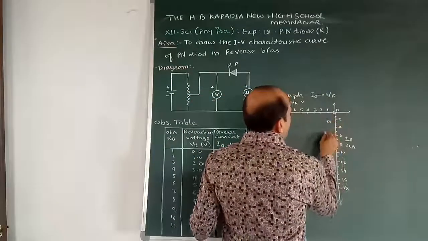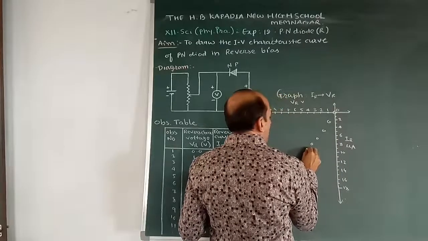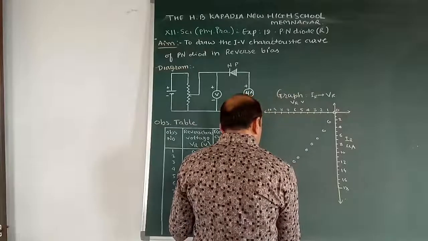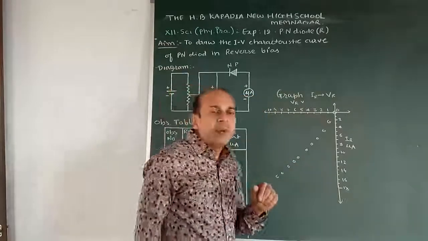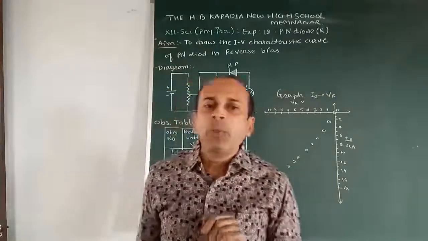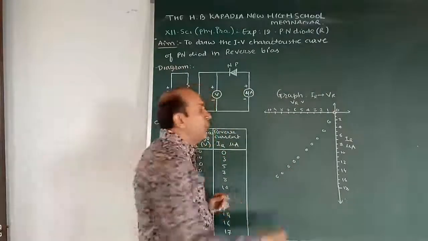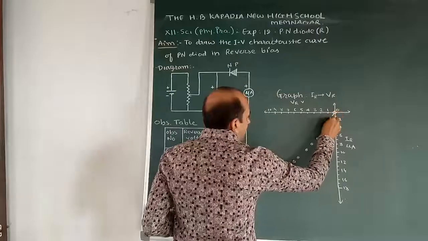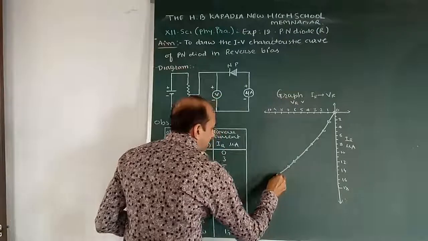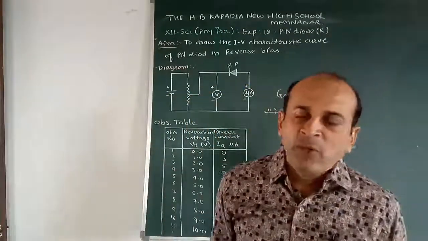Similarly let me plot all the points as per the readings. These are the points. We have drawn a rough graph, but you will have to plot this graph on graph paper. Now join them with a smooth line. This is the nature of the PN diode in reverse bias.